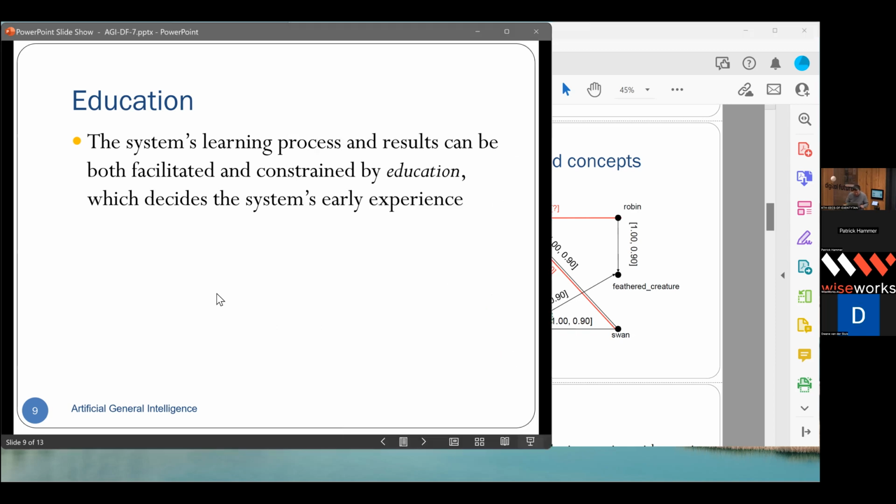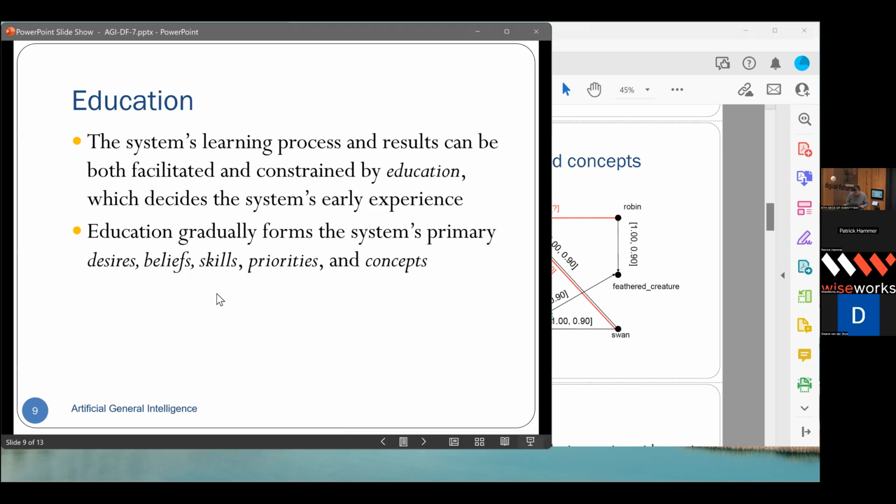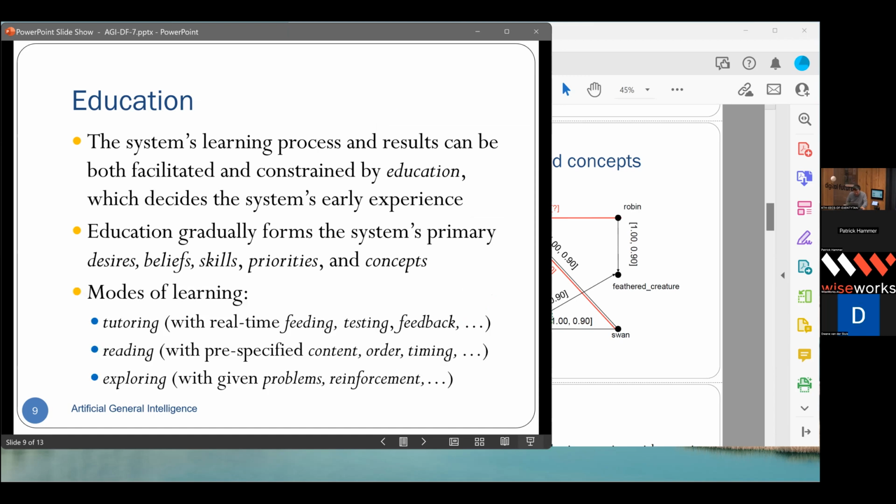What matters, if you want to use this education to gradually build the content of the memory, which includes the desired beliefs, skills, priorities, and concepts, is that you need to control what information to give it, in what order, and the timing.